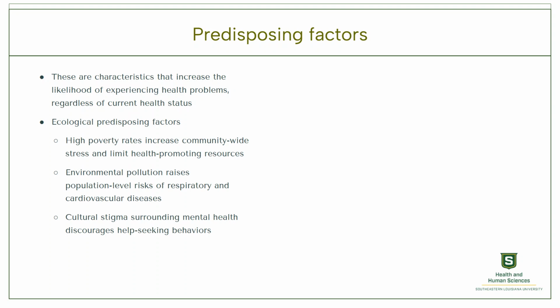Just as a result of living in that community, you are at an increased risk of developing a mental health disorder. Or if you already have the mental health disorder, you are at an increased vulnerability of it getting worse.